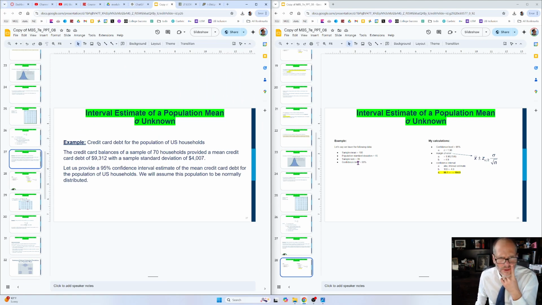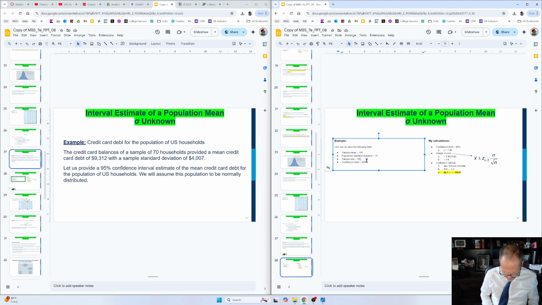So, example, we have credit card balances with a sample of 70 houses. So our sample size is 70. Let's delete all this stuff so we don't leave anything in there. Our sample mean provided a mean credit card debt of 9312. 9312 is our sample mean.